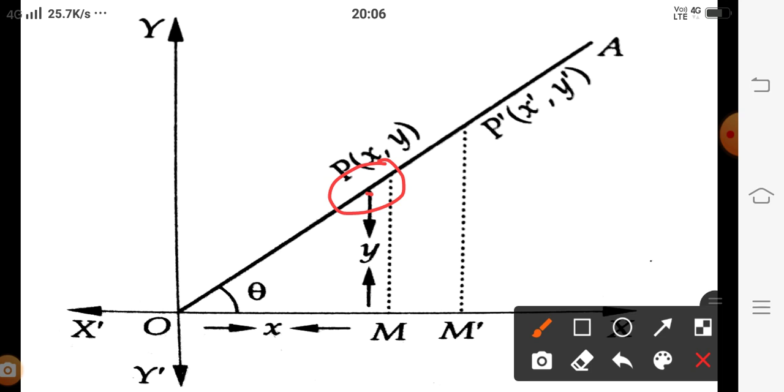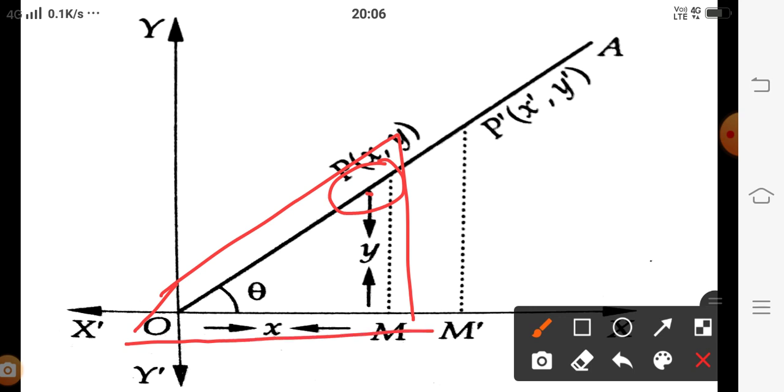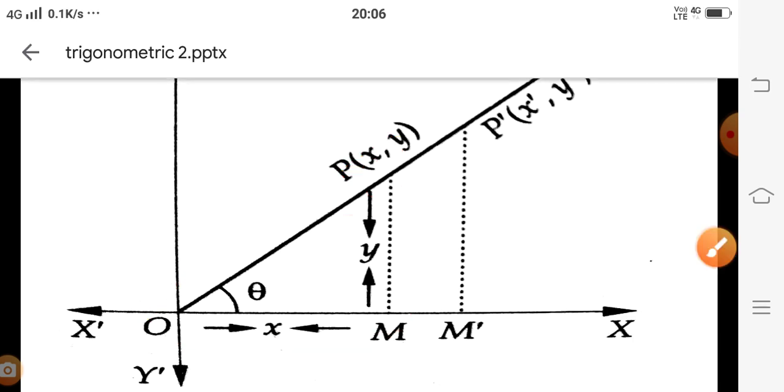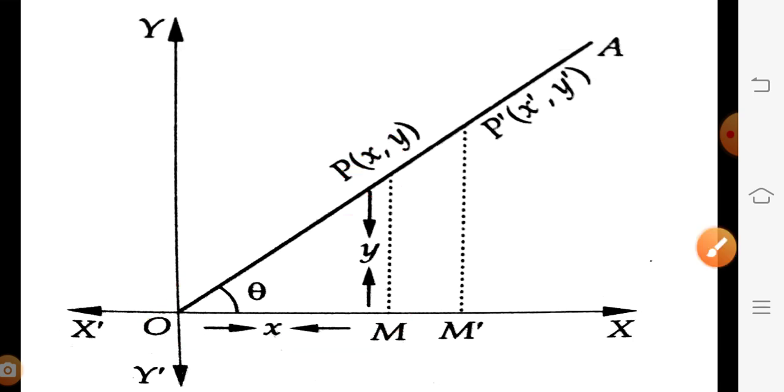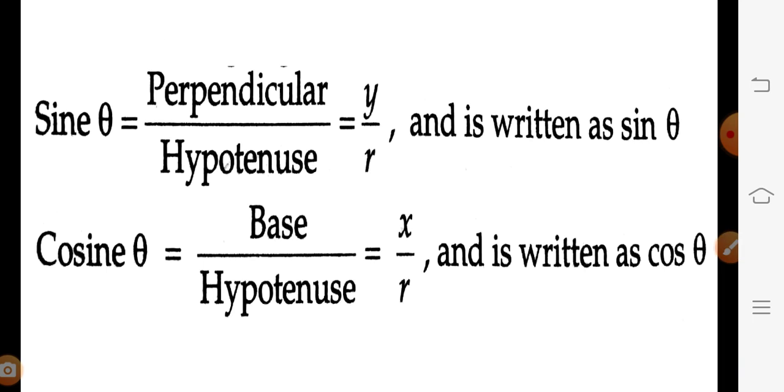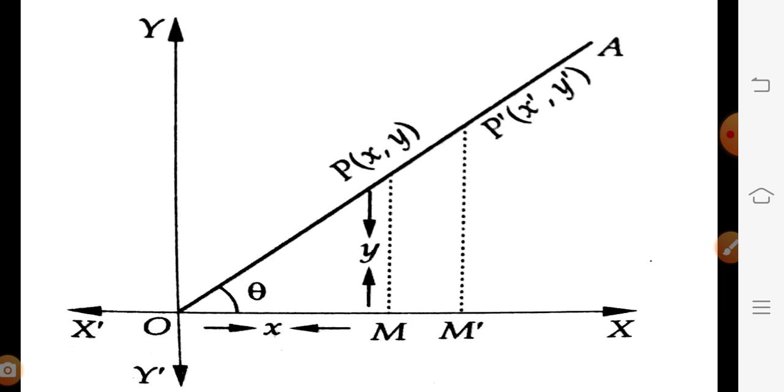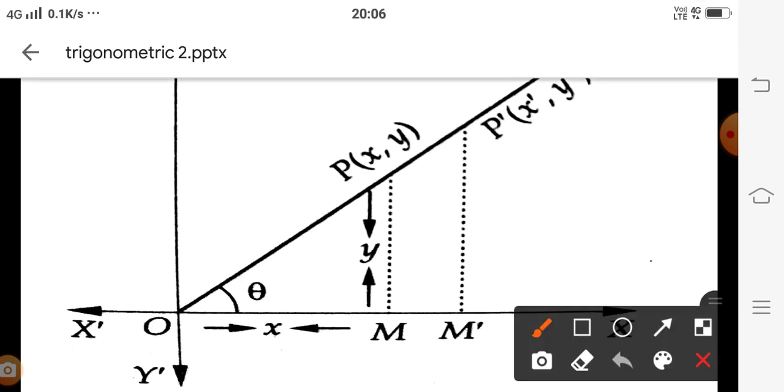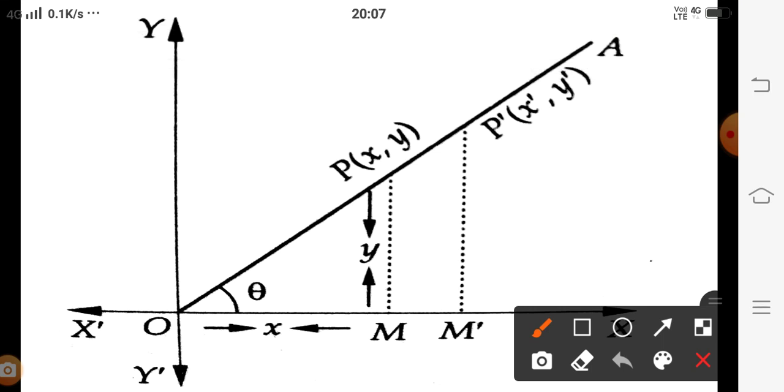Then here we are observing in this triangle OPM, we are getting a right angle triangle, and in this an angle POM is given as theta, and if this angle is given, then we are able to find the value of sine, cos, tan, these trigonometric ratios.